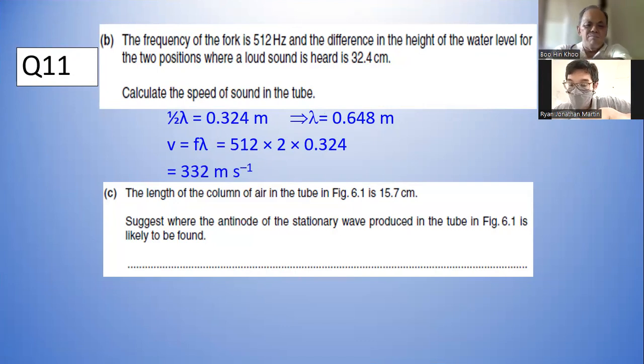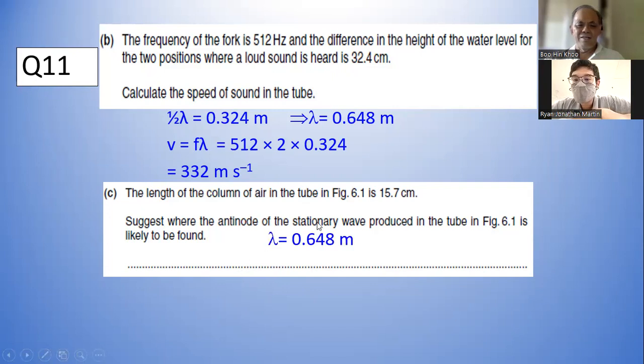The length of the air column in the tube in figure 6.1 is 15.7 cm. Suggest where the antinode of the standing wave produced in the tube in figure 6.1 is likely to be found. That is what is meant by end correction: it's not at the top there, it's slightly above, so you have to subtract.